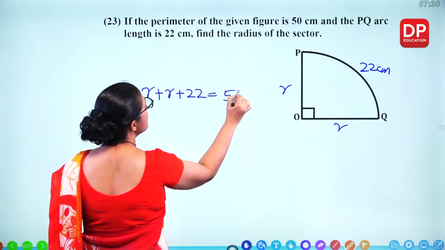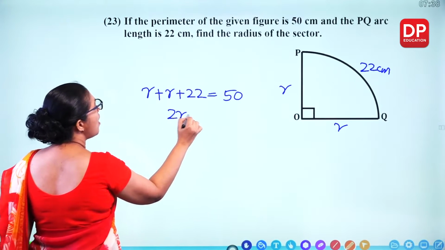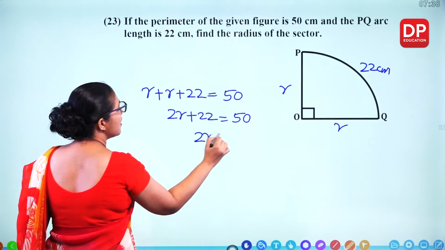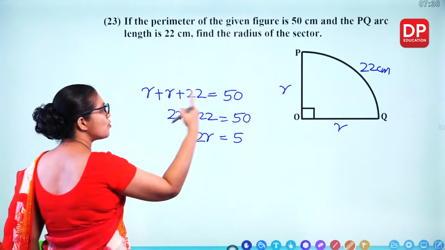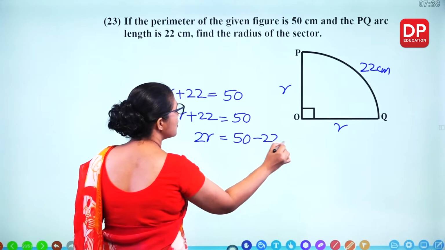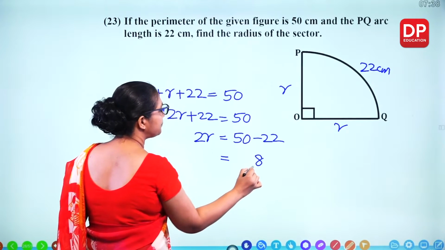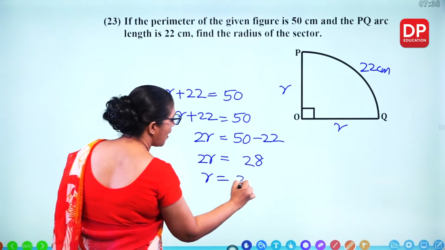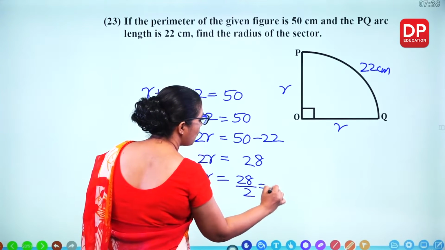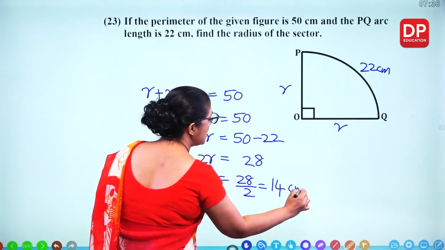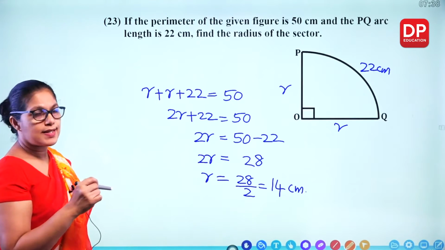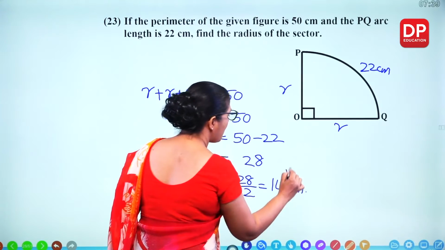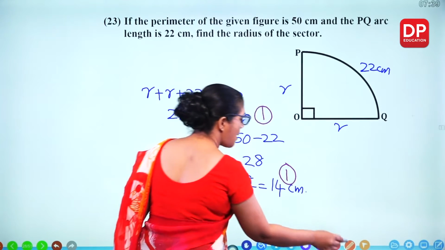That's given 50 centimeters. 2R is this one, and you can take 22 to the other side. 50 minus 22, that's 28. So what's R? Divide by 2. 14 centimeters is the radius of this sector. Again, 2 marks, 1 mark here and 1 mark for the method.